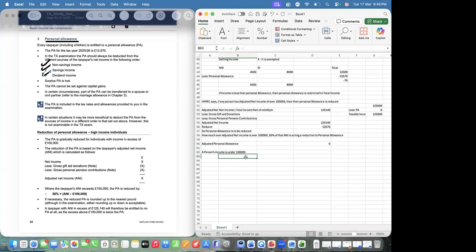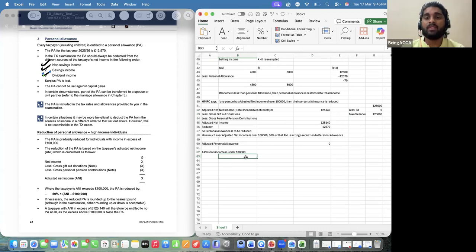And at the same time, if they say it is over 130,000 and they have not mentioned any gifted donations or personal pension contributions, you do not have to calculate the adjusted net income at all, because you know that the person's income exceeds 125,140 and they do not have any other deductions like gross gifted donations or personal pension contributions. So their entire personal allowance is lost. They do not have any personal allowance.